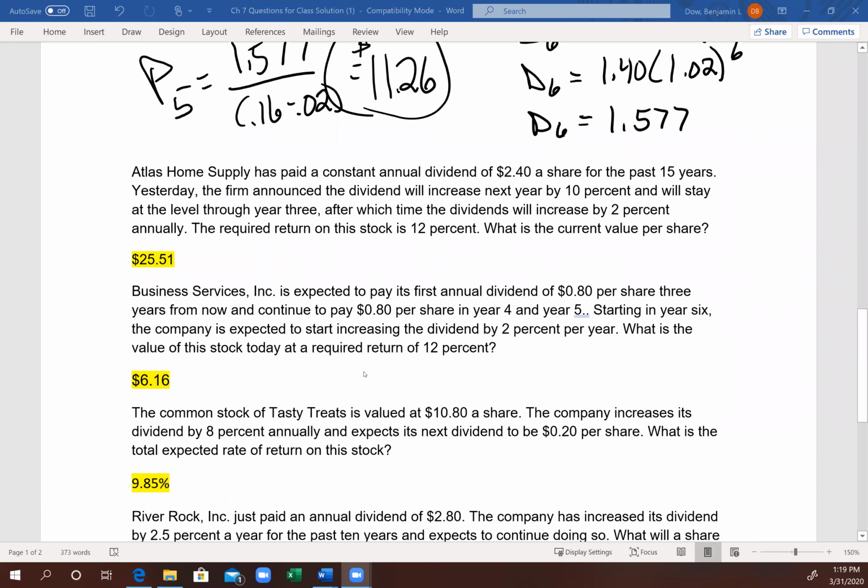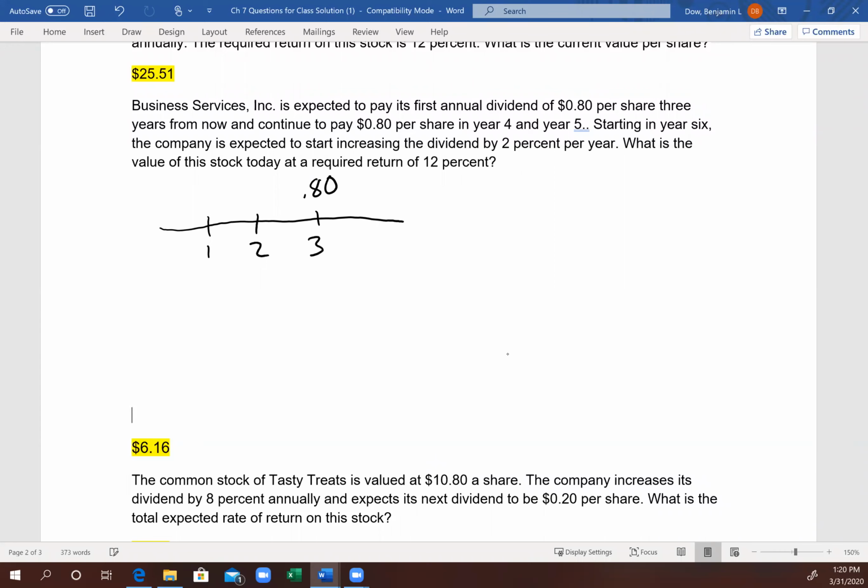And it's expected to pay its first dividend of 80 cents 3 years from now. So you're going to get nothing in year 1, nothing in year 2, and then 80 cents in year 3, and continue to pay 80 cents in year 4 and 5.